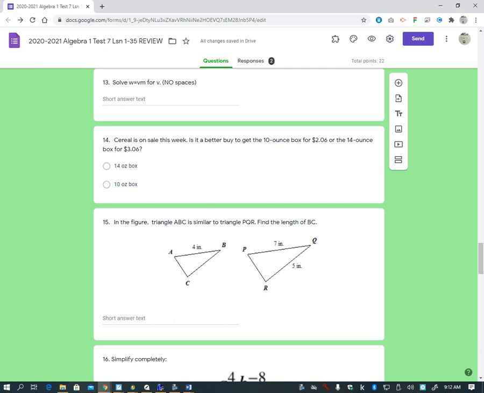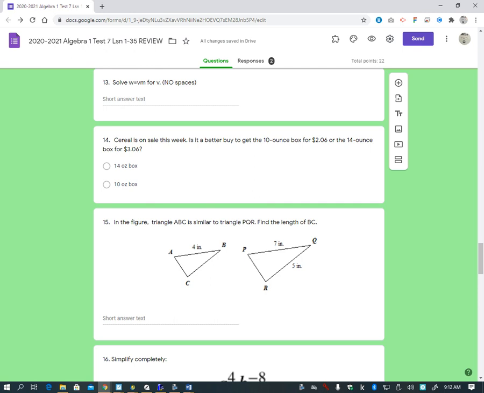All right. 13. Solve W equals Vm for V. So what should I be solving for? V, which means I need to do what with V? Isolate it. Move everything else away from it. Get it alone. So what needs to move? M. M needs to move.